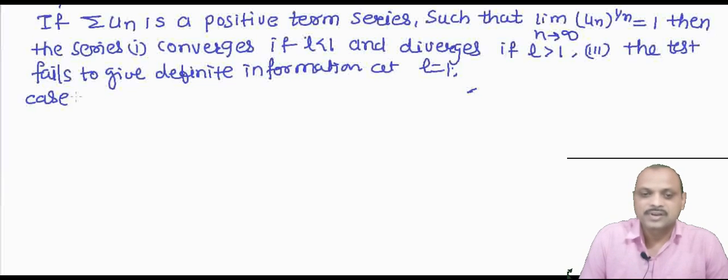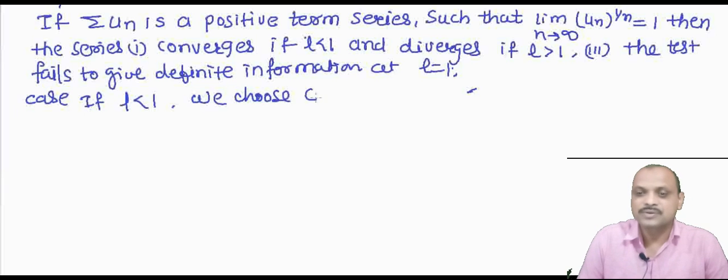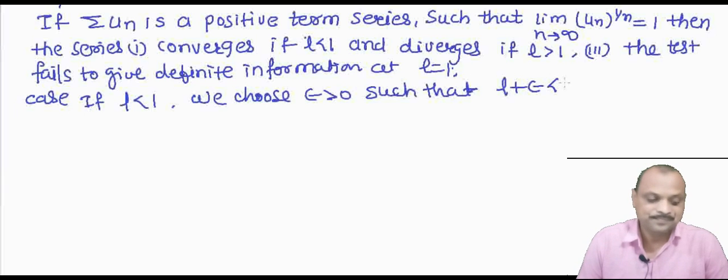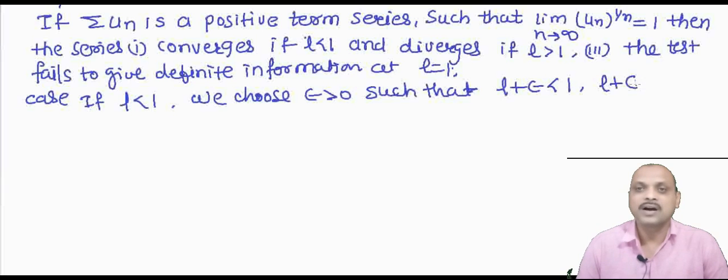If L is less than 1, here we choose epsilon greater than 0 such that L plus epsilon is less than 1, and let us call this L plus epsilon equal to alpha, for simplicity.